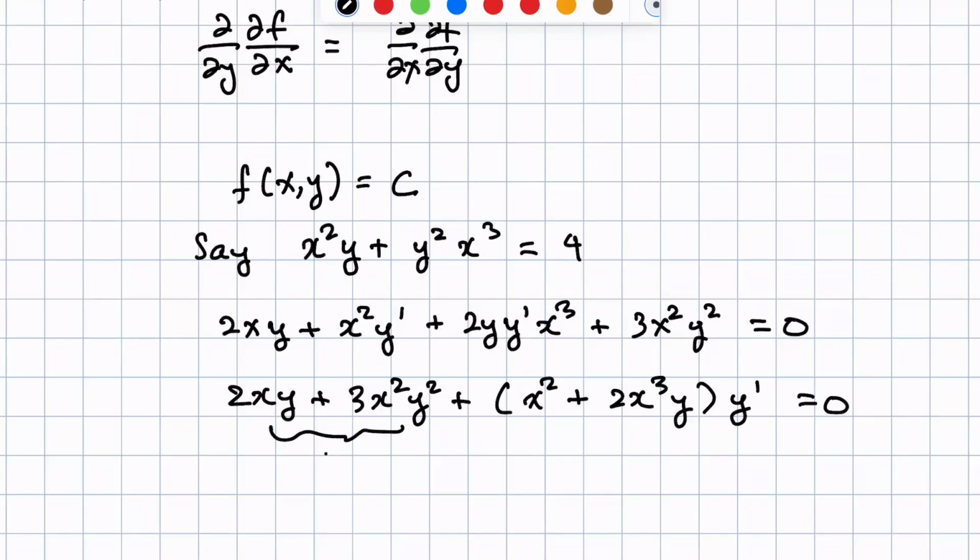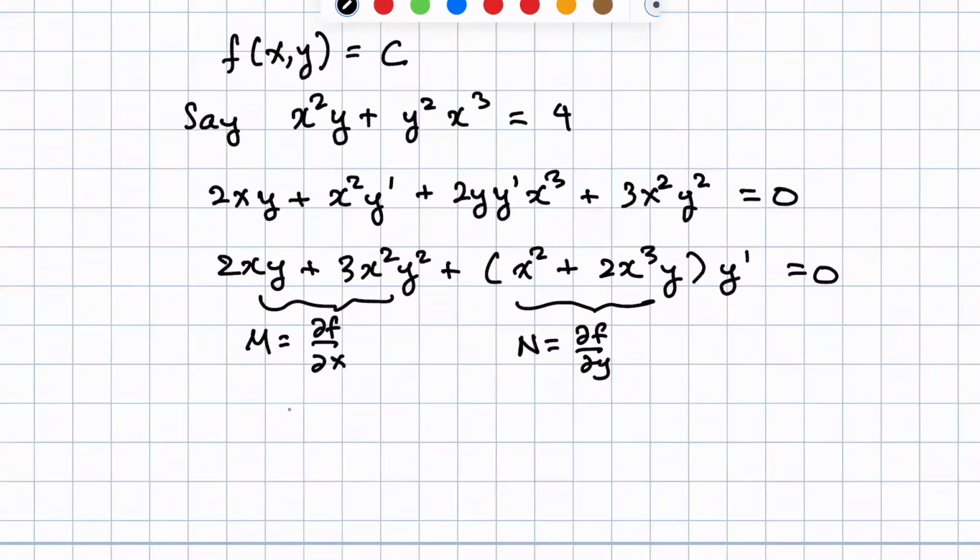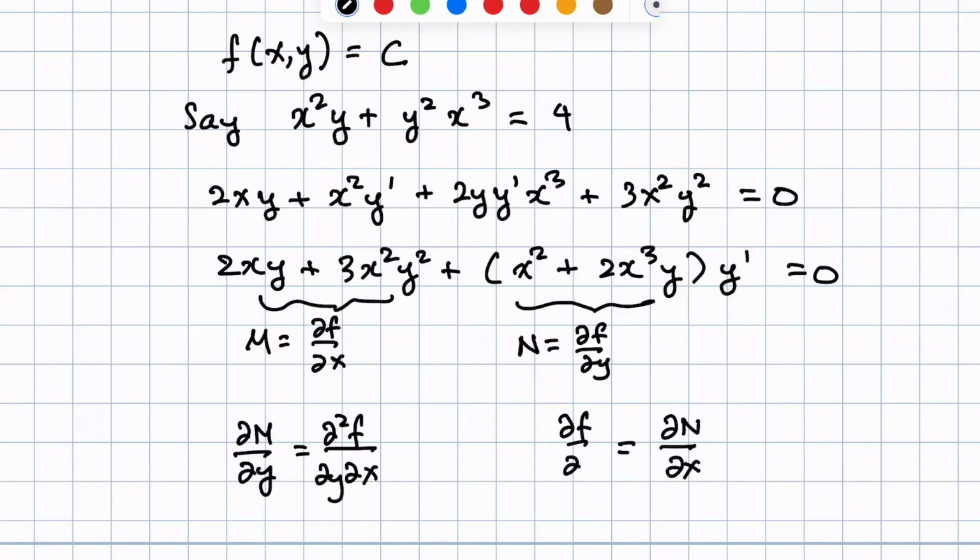So this part right here is df dx, which I call m. And then this part right here is df dy, which I call n. Now, if I take m and differentiate it in y, that is the same thing as taking the double derivative first in x and then in y. And if I differentiate n with respect to x, that is the same thing as differentiating by y first and then differentiating that by x.